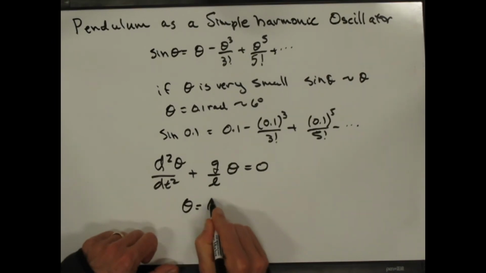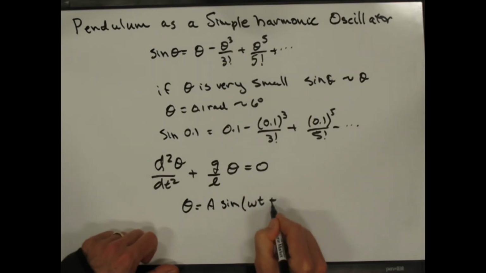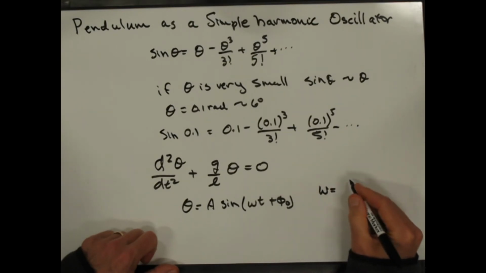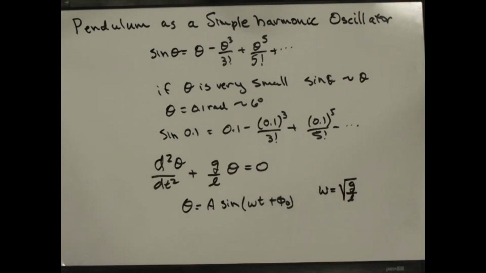This is a sine of omega t plus phi naught, where omega is equal to the square root of g over L instead of the square root of k over m. And so a pendulum acts exactly like a weight on a spring, as long as the oscillation angle is small.